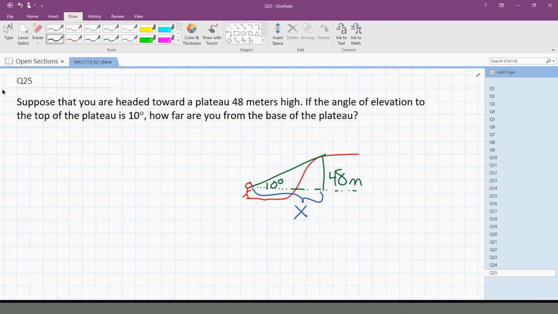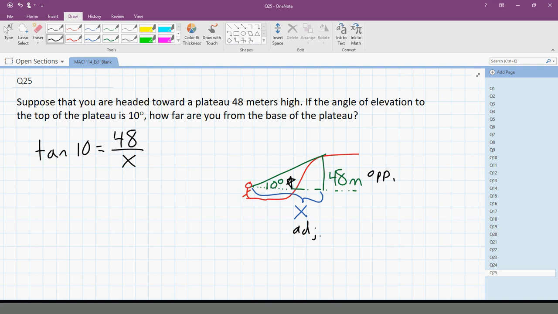According to everything I know here, who is the 48? And we're trying to find the adjacent, so what trig function is that? Tangent. So tangent 10 equals your opposite, which is 48, over your adjacent, which is x.